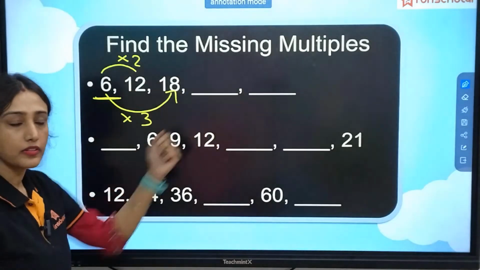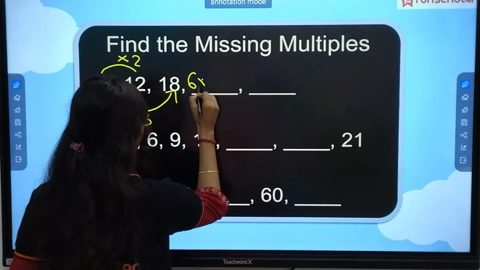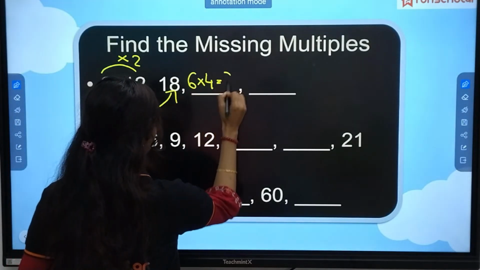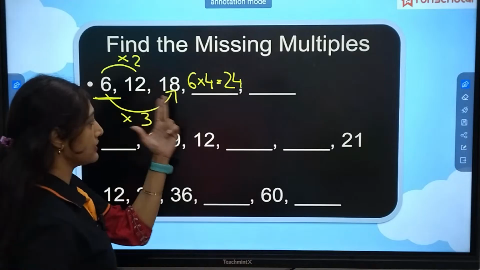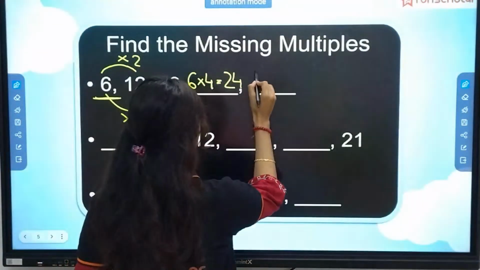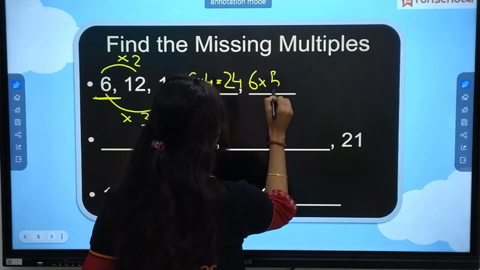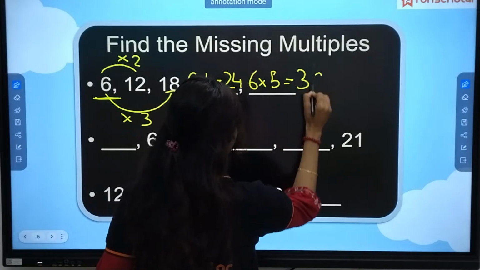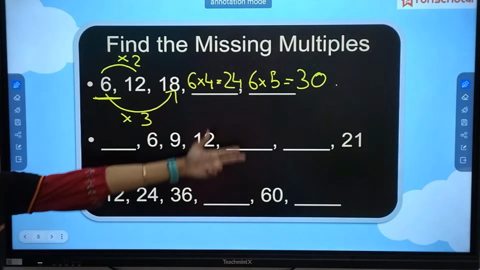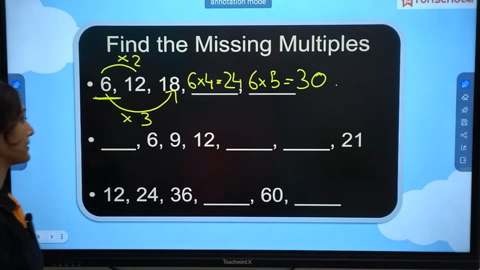Then the next number will be 6 into 4 equal to 24. Then the next number will be 6 into 5 equal to 30. Clear? Questions may come in this format.